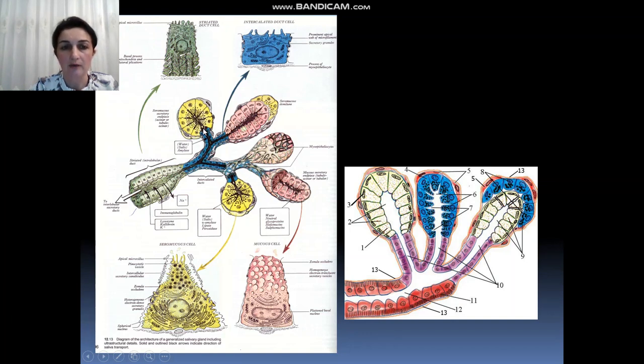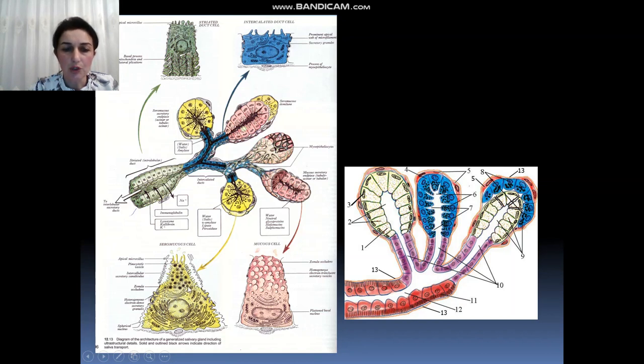Secretory portions may have the shape of acini, alveoli or tubules. In secretory portions, we can distinguish three kinds of cells. First of all, the serous cells. Serous cells are protein-producing cells, but they also produce carbohydrates in low amounts. Because they are protein-producing cells, they are rich in rough endoplasmic reticulum and ribosomes.